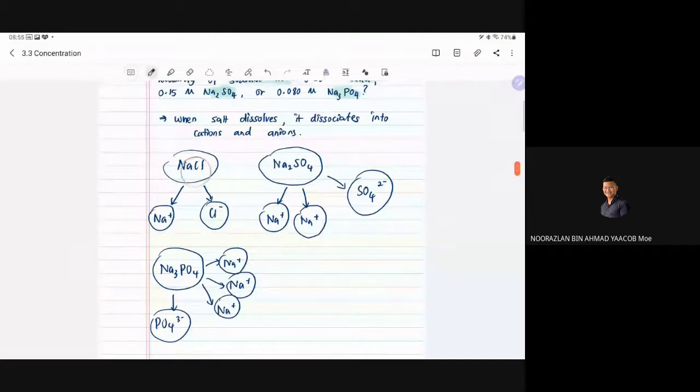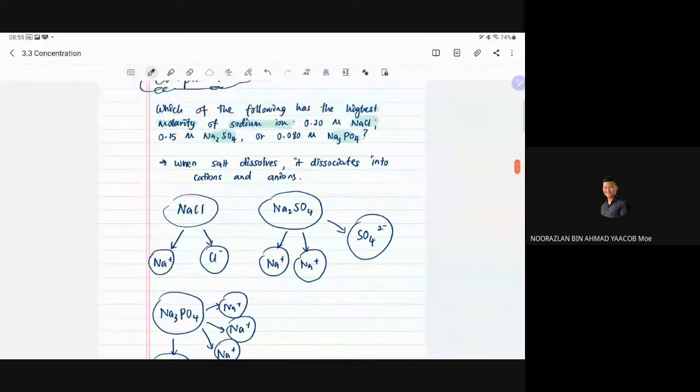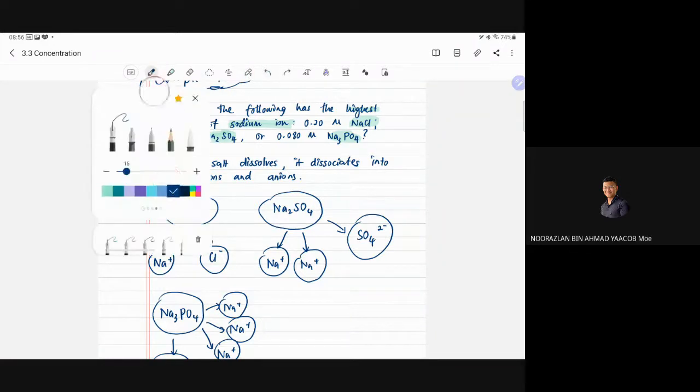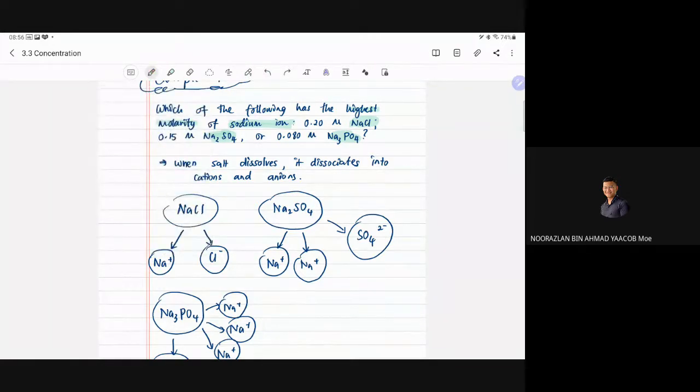Jadi kalau kita tengok molarity dia yang ini adalah 0.02. Ini adalah 0.2 molar. Ini pula adalah 0.08 molar. Ini 0.15 molar.